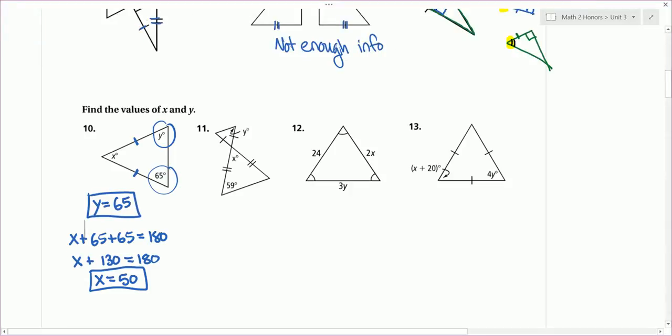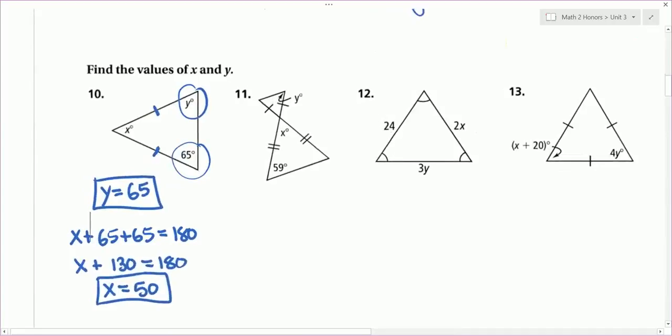11. If you look at the bottom triangle, again it's isosceles, and so the angle 59 is going to match the other base angle, so I'll put 59 there.